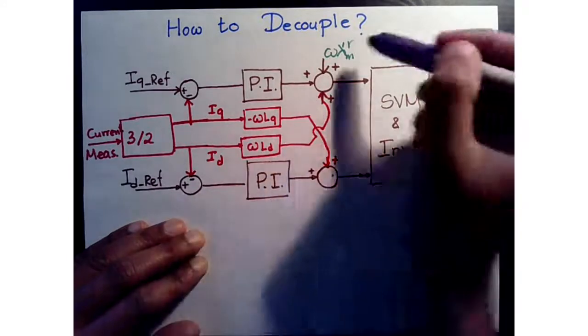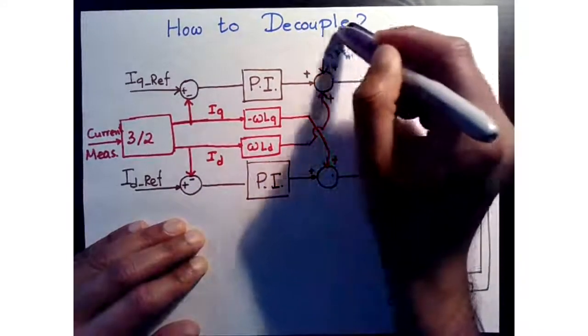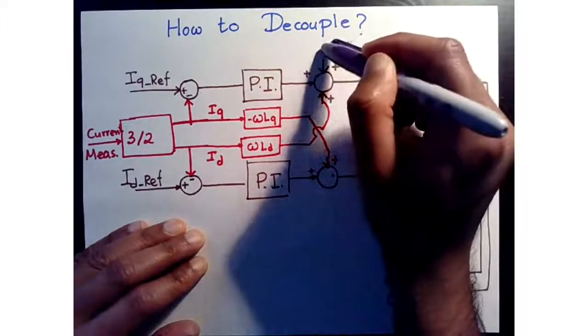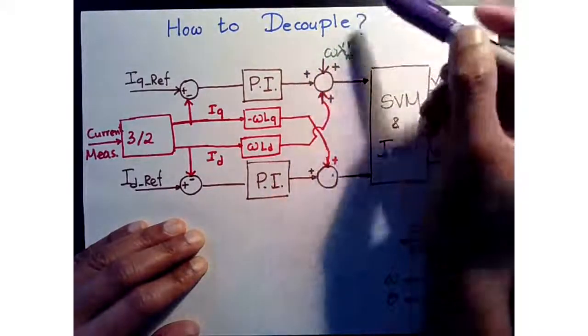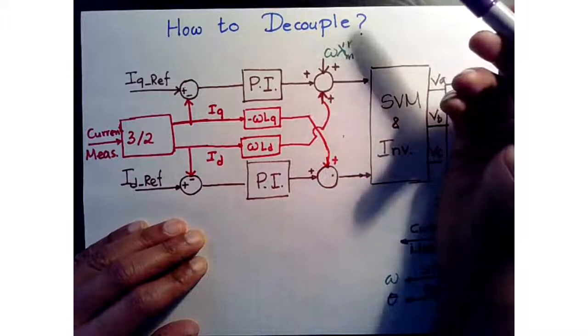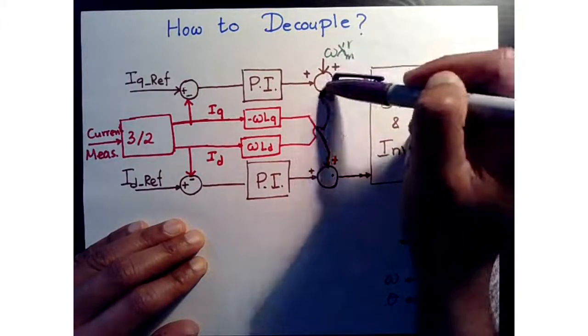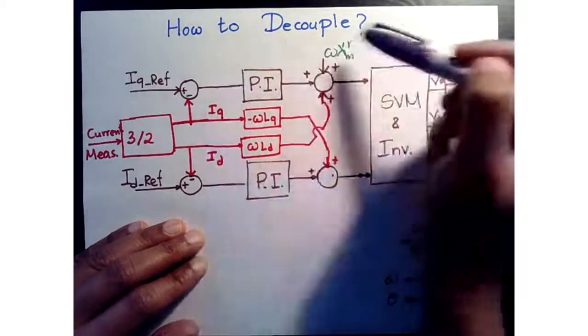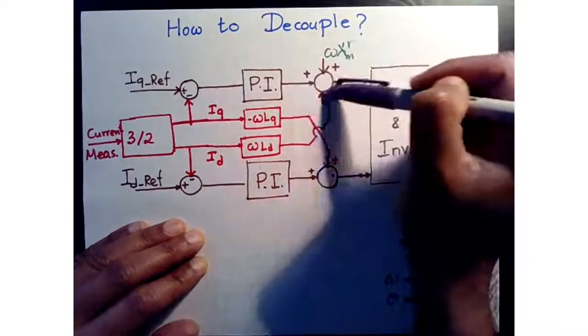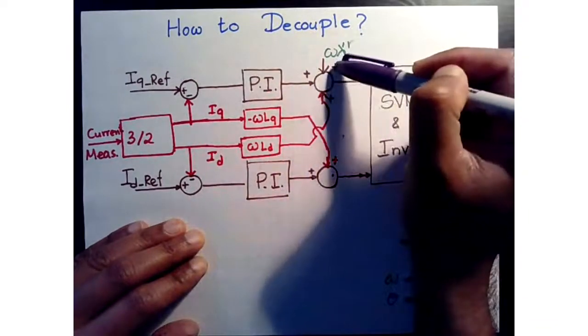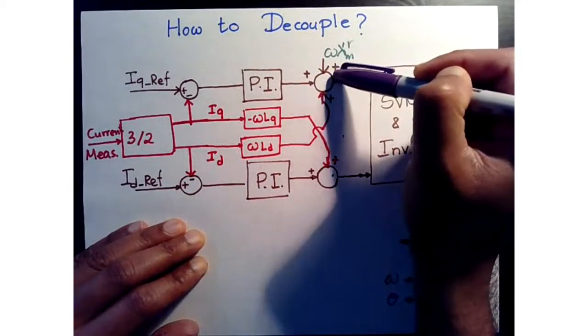Okay, and we can also use the back EMF as a decoupling term if you want to. Let's say you have a speed variation going on, and you prefer not to have that speed variation influence your current loop. So you can use this kind of a method to compensate for it.